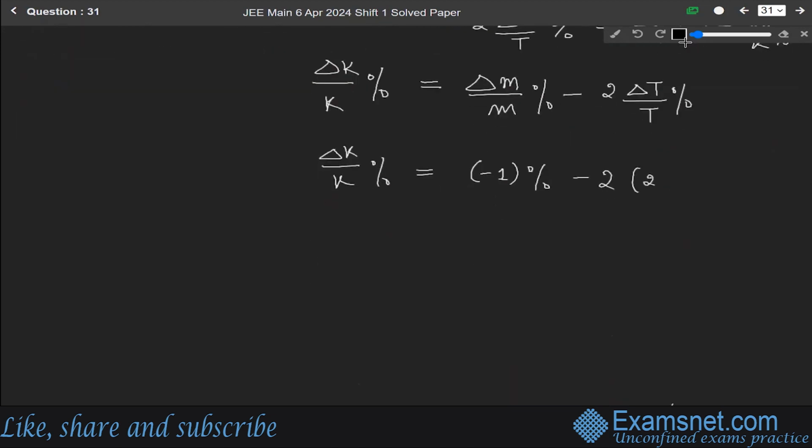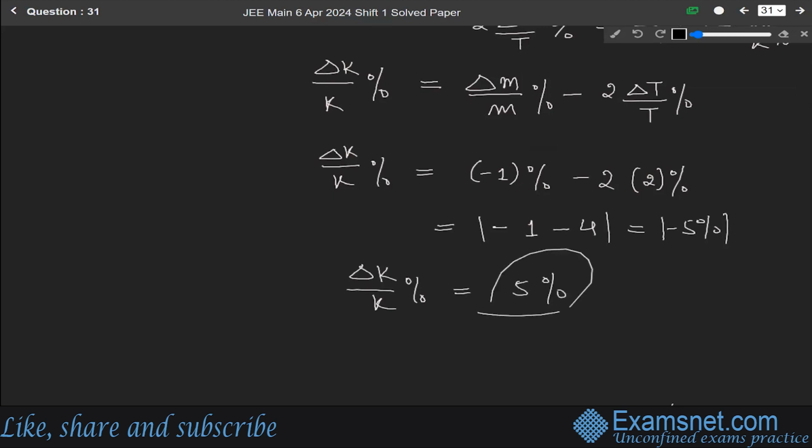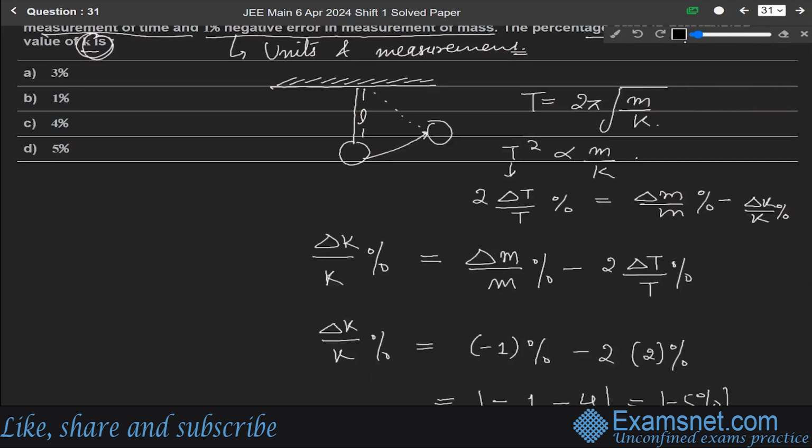So we get minus 1 minus 4. Taking the modulus, we get 5%, which means the percentage error in the measurement of spring constant is 5%. So the correct answer is option D.